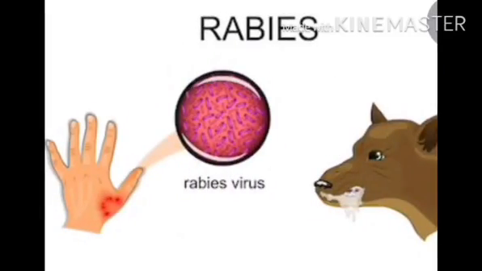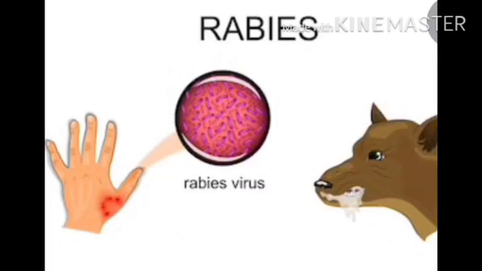We know that rabies is caused by the bite of a dog, cat or monkey because their saliva contains the rabies virus. Causative microorganism is virus. Transmission: bite of an infected dog.